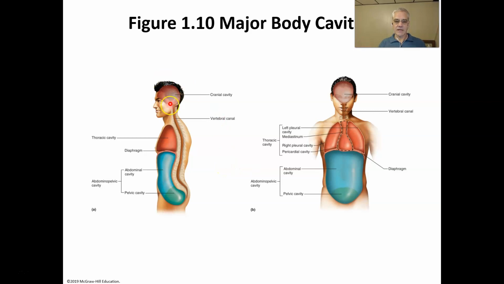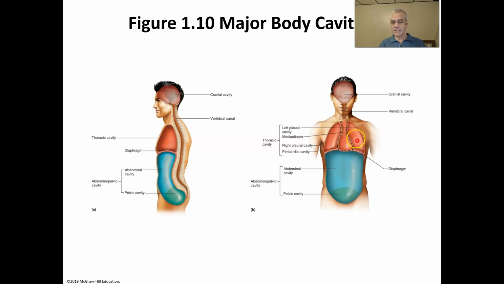Right? Cranial cavity, there's your brain up there. Vertebral cavity, or vertebral canal, is the spinal cavity. These are considered to be posterior cavities because they're in the back of the body. Right, they're back there. Whereas up front, the anterior cavities would include the thoracic cavity and the abdominopelvic cavity.